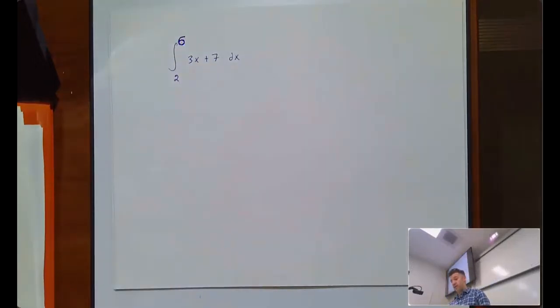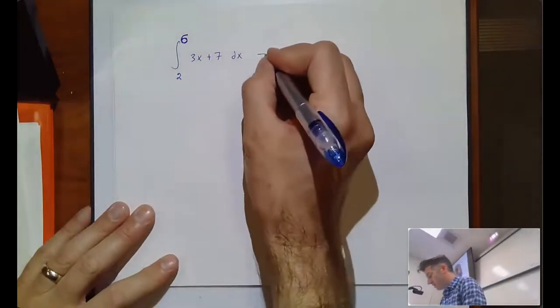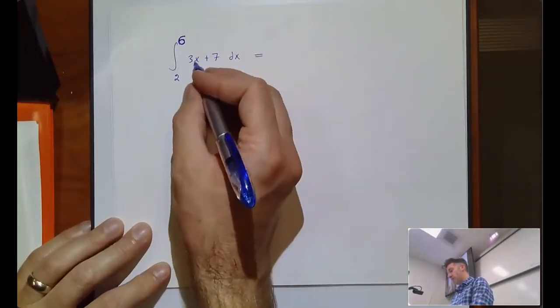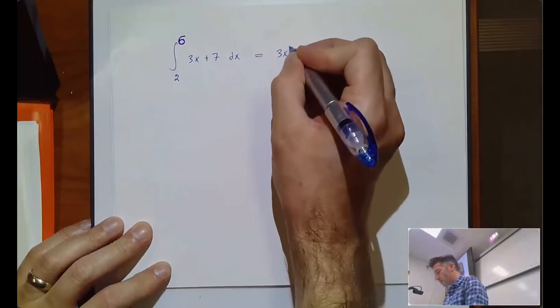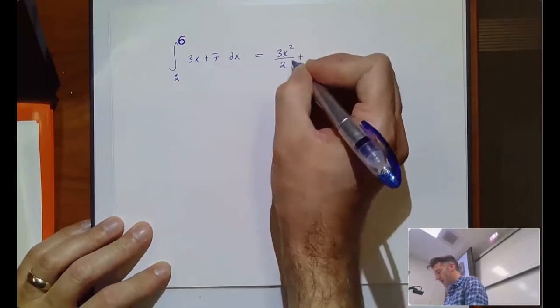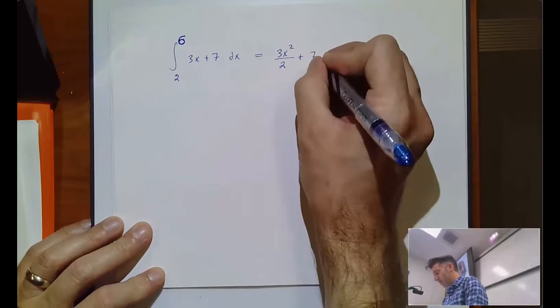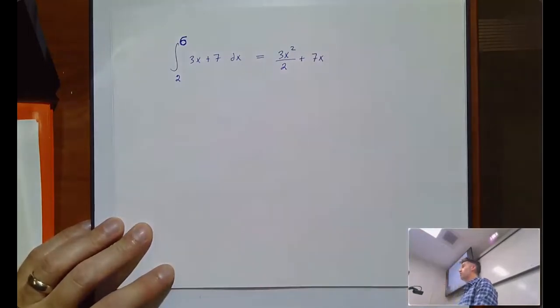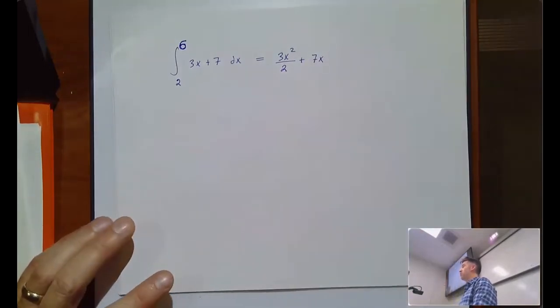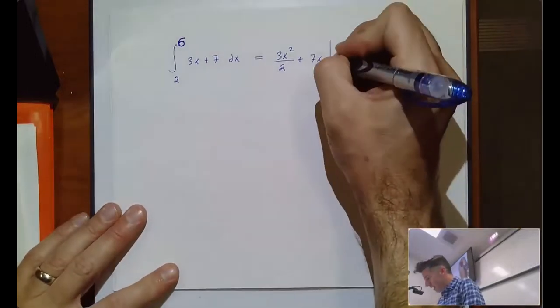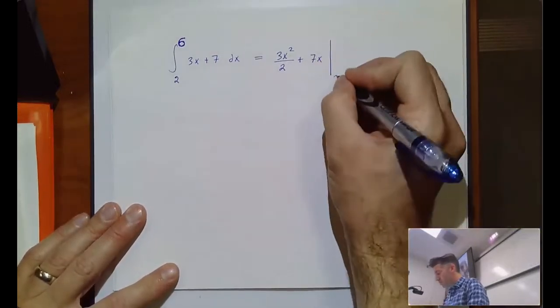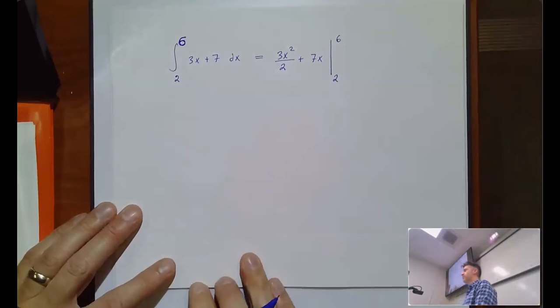The way you were meant to do this is to find the antiderivative. So the antiderivative of 3x is 3x squared over 2. And the antiderivative of 7 is 7x. No plus c needed. And then typically the notation for this is we say evaluated from 2 to 6.